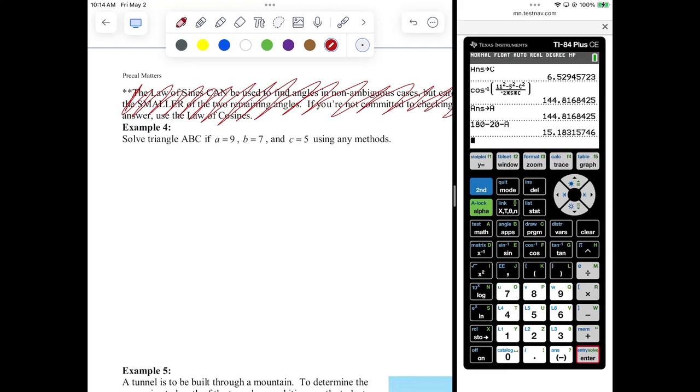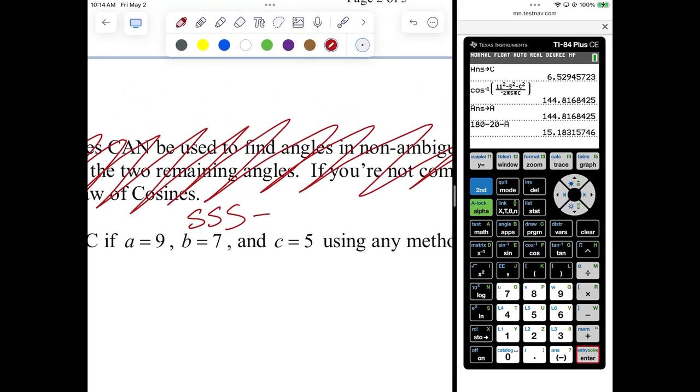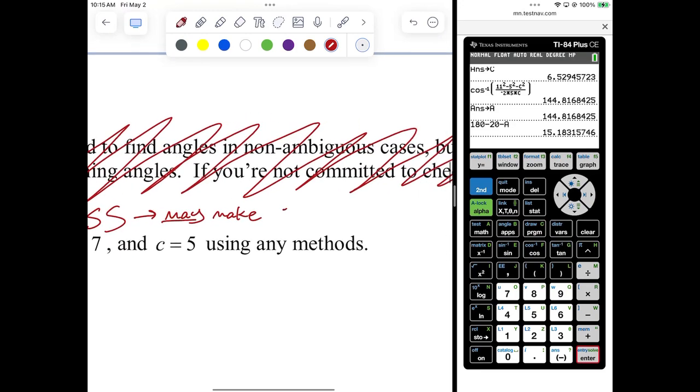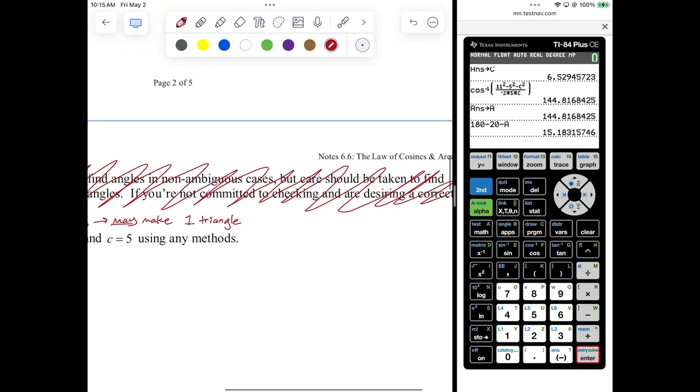Here we go. Solve triangle ABC if little a is 9, little b is 7, and little c is 5. Well, those are all 3 sides, aren't they? That's side, side, side. Now, here's the thing about side, side, side. It may make one triangle. So it's not the ambiguous case where we can get 0, 1, or 2 triangles. If there's going to be a triangle, there's only going to be one triangle. Okay?